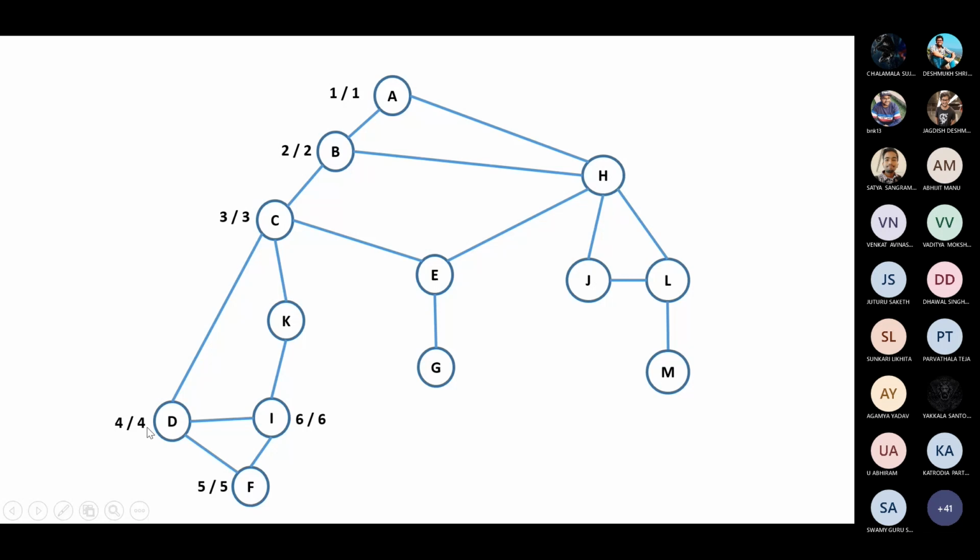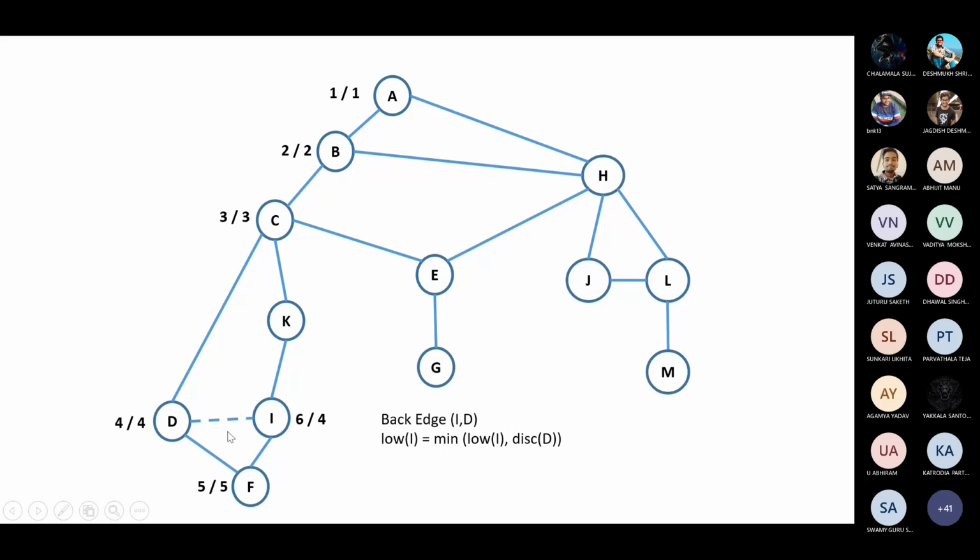That means from I, where does it reach? It reaches D. What is the discovery value of D? 4. So the minimum of 4, the discovery value of D, and the low value of I will be populated as its low value. So this is 4. So the back edge is ID, and low of I is basically minimum of low of I and discovery of D.